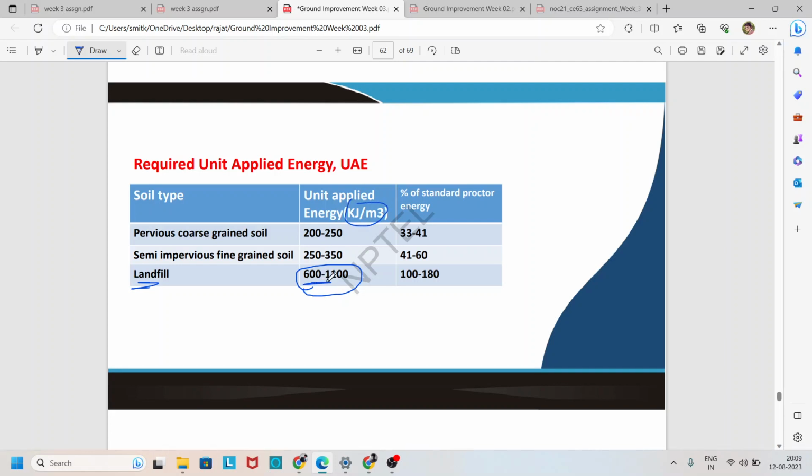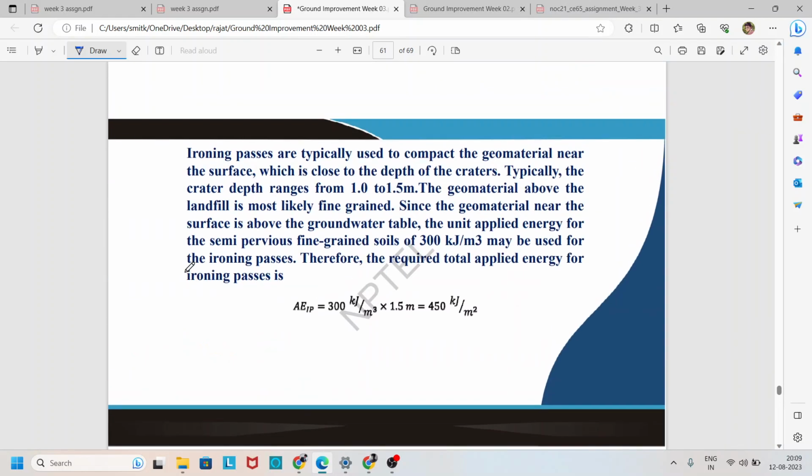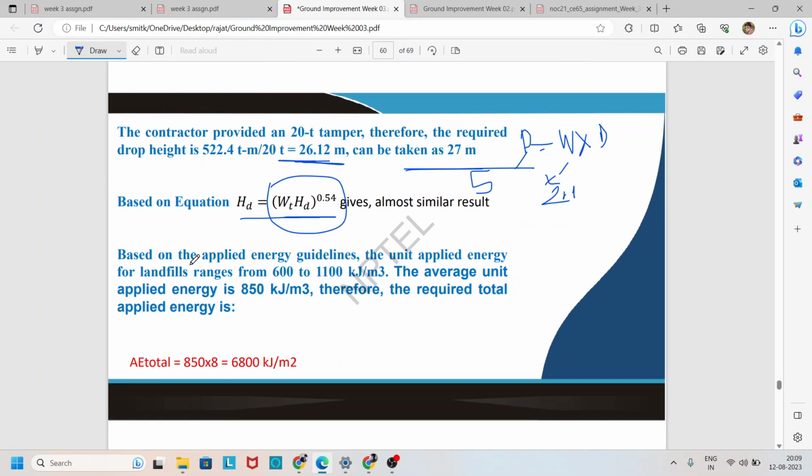In between, we can choose by averaging, and we find 850. So the unit applied energy for the whole test is taken from this table, and the total applied energy is found by directly multiplying the unit applied energy by the depth of improvement. We find that it is 6,800.